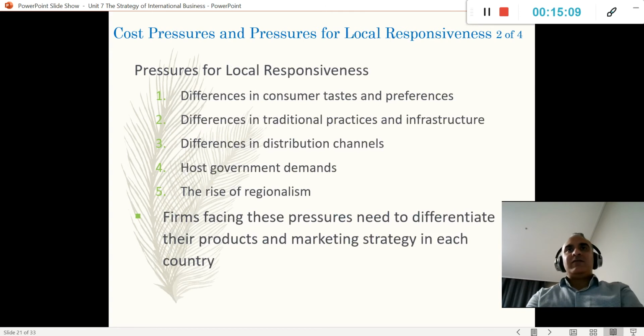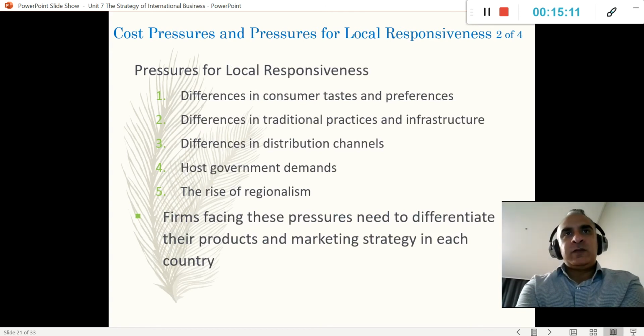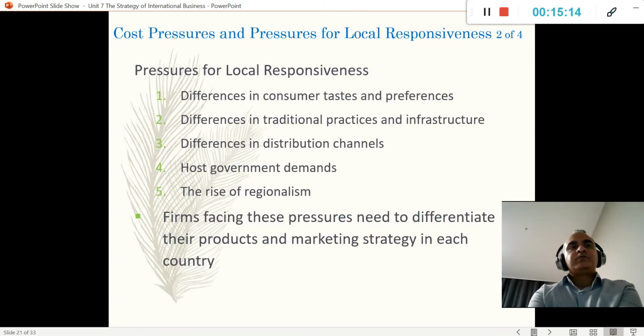But on the other hand, we also have pressures for local responsiveness. When I have the economies of scale, I achieve massive distribution and I don't change my products at all. And that's fantastic. The problem is that sometimes some markets are very difficult and then I have to change my product.